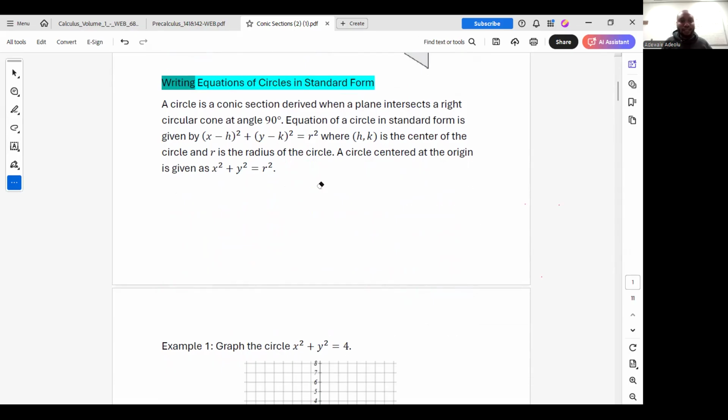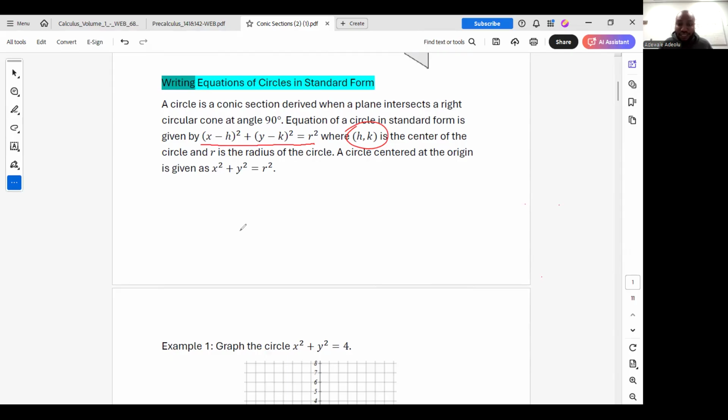Now, let us look into circle. So we'll start with the circle that you might be familiar with. Generally, the equation of a circle is given by this: (x minus h) squared plus (y minus k) squared equals r squared, where (h, k) is the center of the circle and r is the radius of the circle.